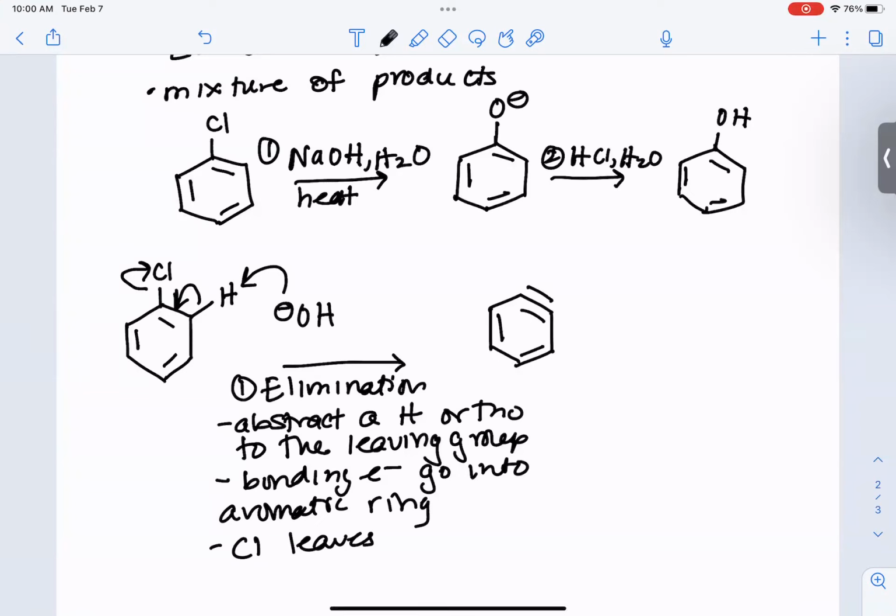You make what is known as a benzyne intermediate. Okay, so you have this triple bond in the benzene ring. This is a benzyne intermediate. It's very reactive.